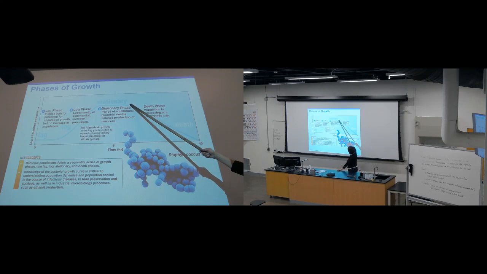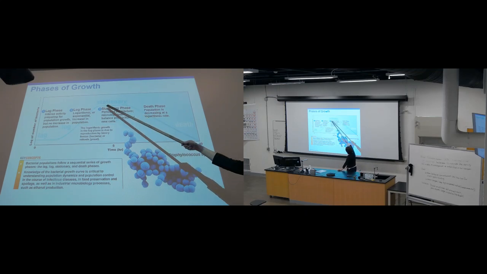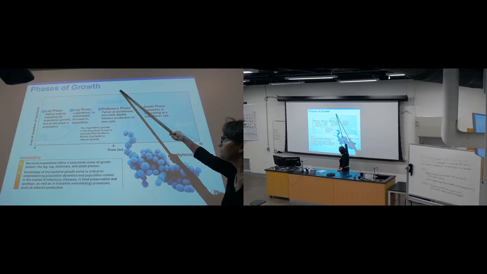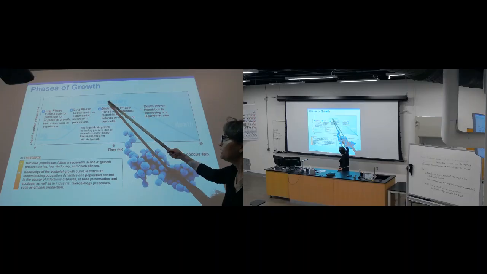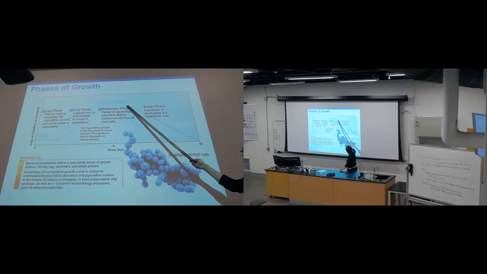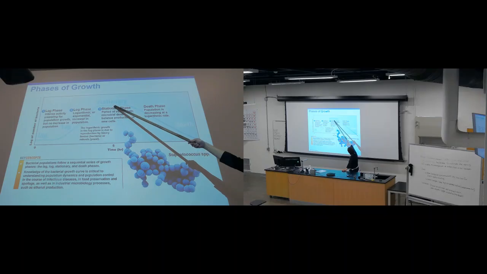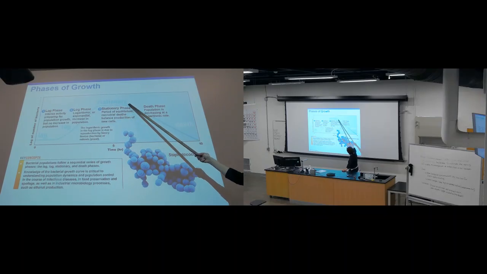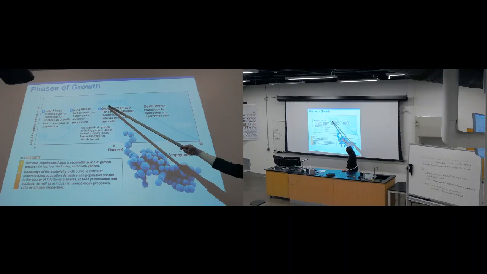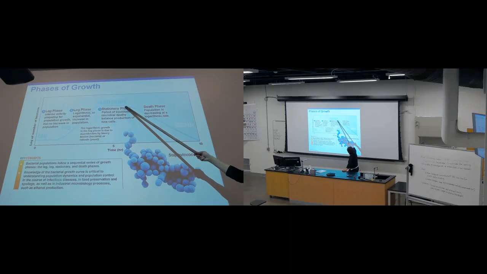Because you don't have more nutrients, you don't continue the logarithmic phase, but you still have enough nutrients to keep some bacteria growing, while some of the older bacteria start dying. So then you reach this plateau, no more growth.